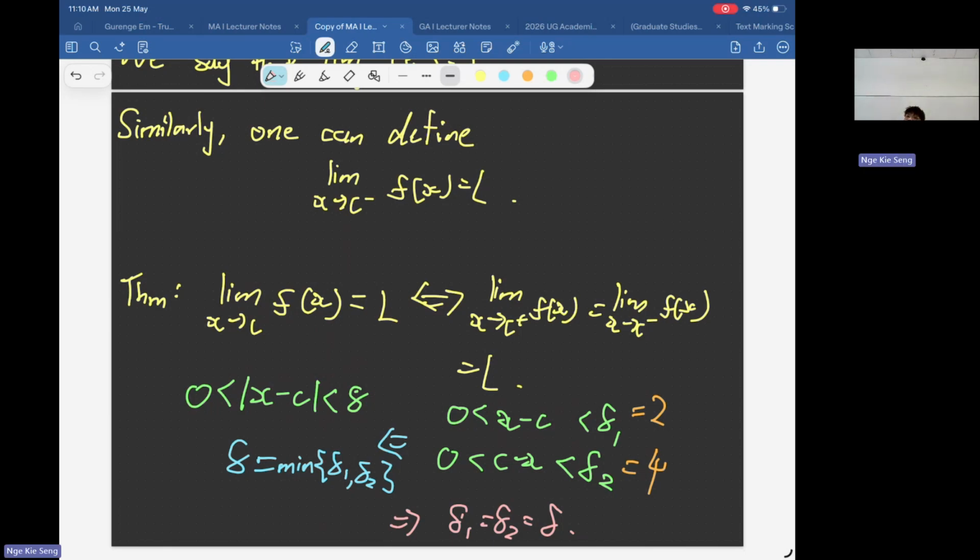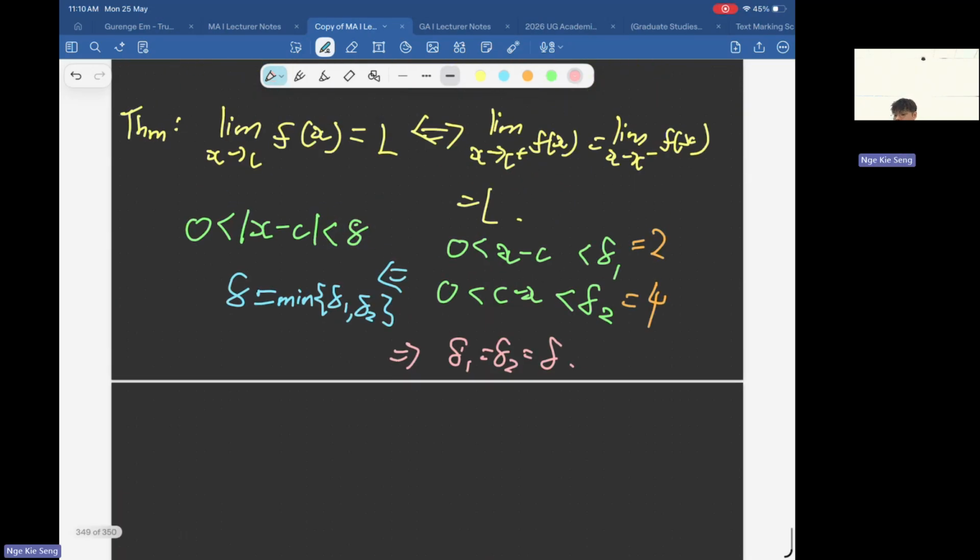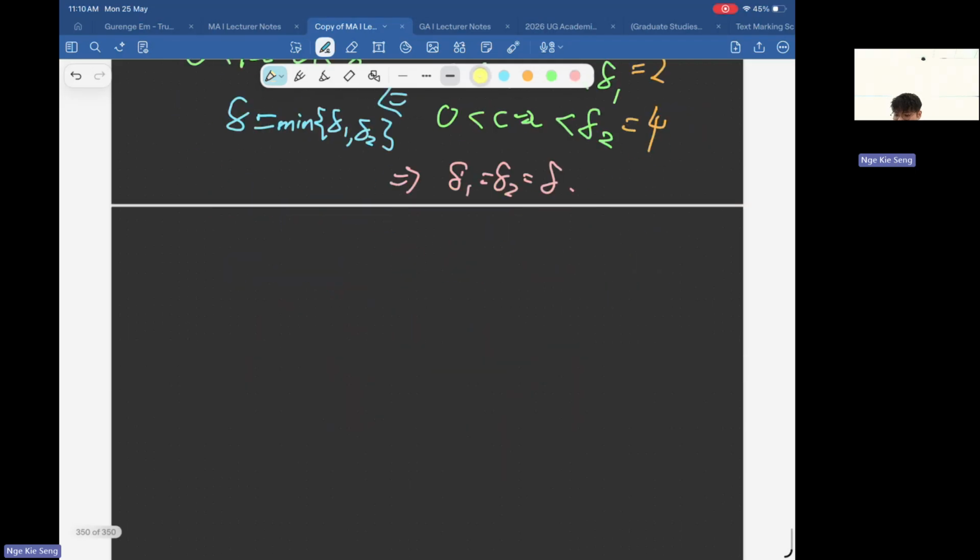Make sense? Okay, so once you have this delta, your epsilon convergence will follow. Okay, good. So this is what it means by left and right being equal, then you get the limit of your original function.